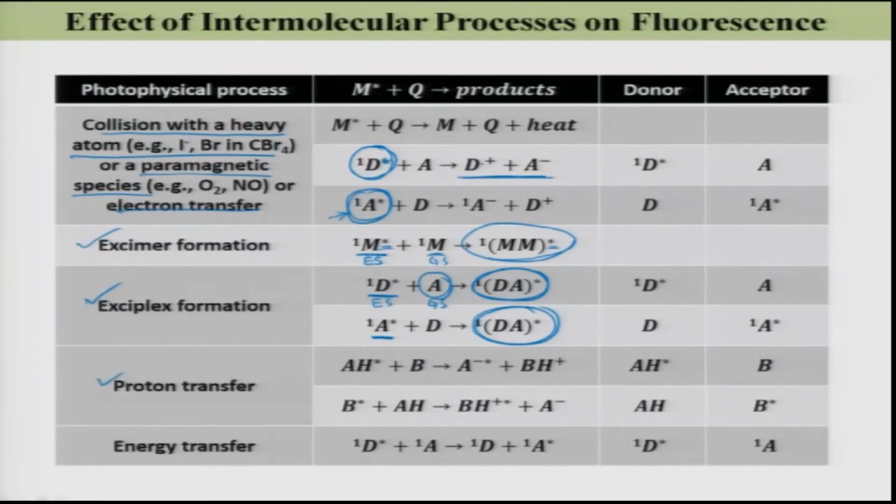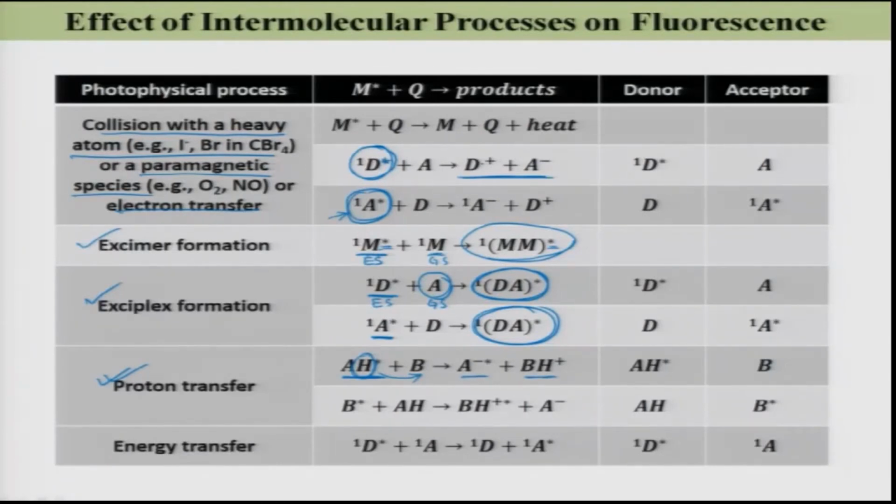We can also have proton transfer over here. So, probably this one I am going to discuss a little bit. In this case, if the molecule which you are going to use as a fluorophore, that means which will give you the emission under photoexcitation, that is my fluorophore, then one of the hydrogens may be transferred to a base to make the conjugate acid and the conjugate base of this molecule.